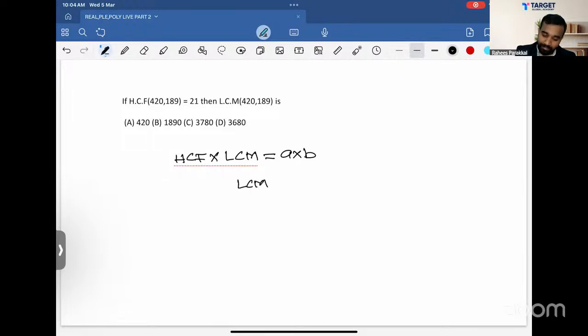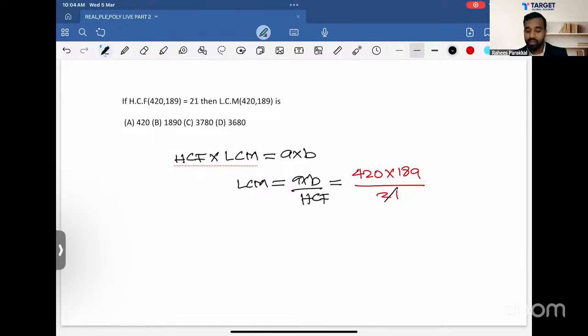So LCM is equal to A into B divided by HCF. Here A and B are the numbers 420 and 189. HCF is given, that is 21. Just substitute: 420 into 189 divided by 21.